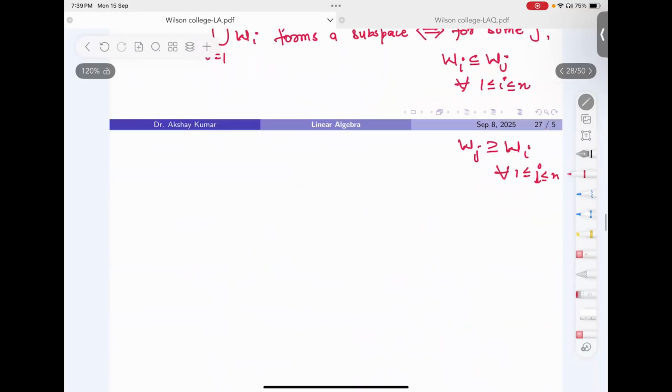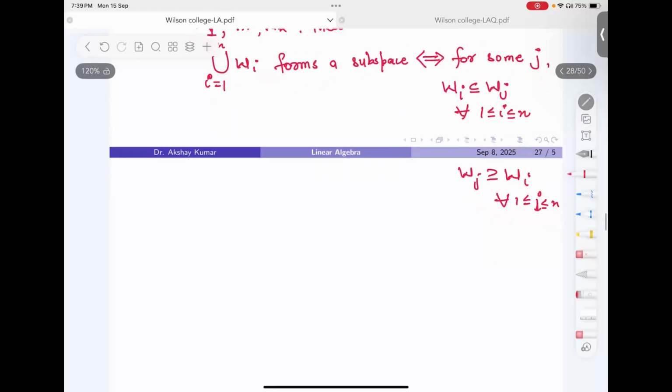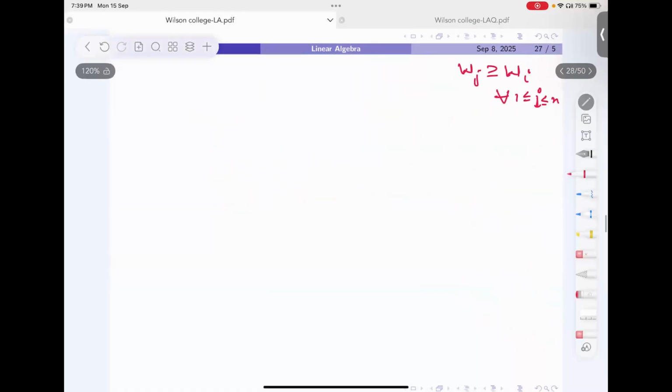So now, what can we do? Here we have finitely many. Okay, let's go to the infinitely many. Suppose you have Wn, infinitely many.